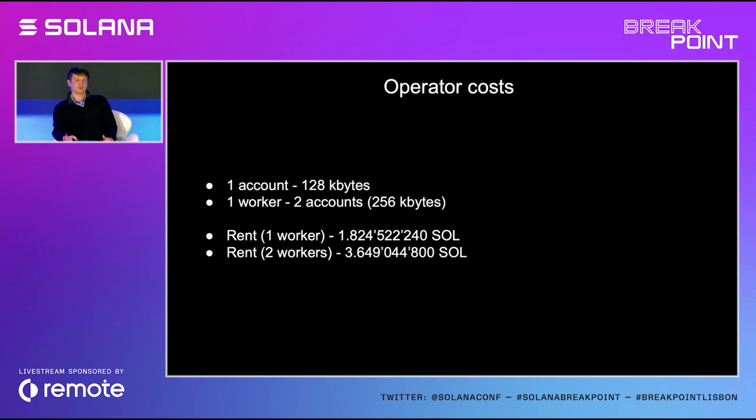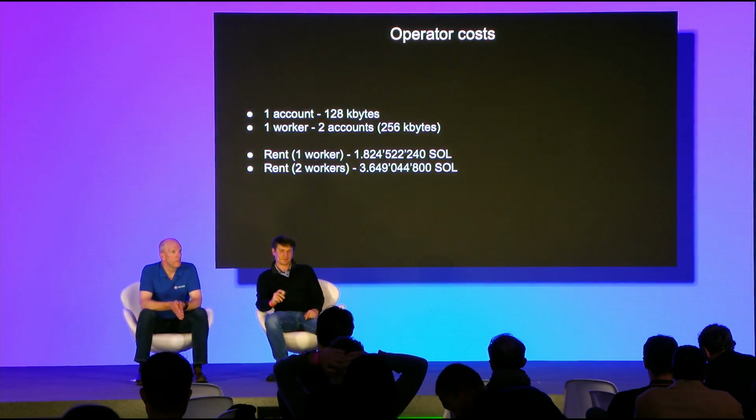Okay, so about the operator. The operator can set up the fee for a user transaction, and this fee will cover all his fees. In the Neon Web3 proxy, you have workers which can execute one transaction at a time, and each worker requires creating two accounts, each of size 1 to 8 kilobytes.